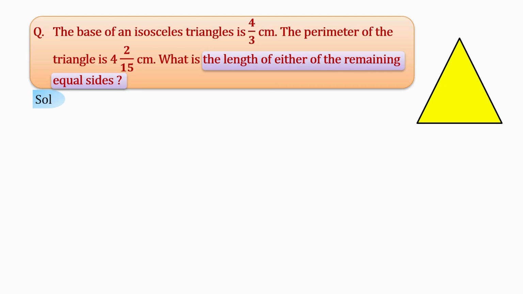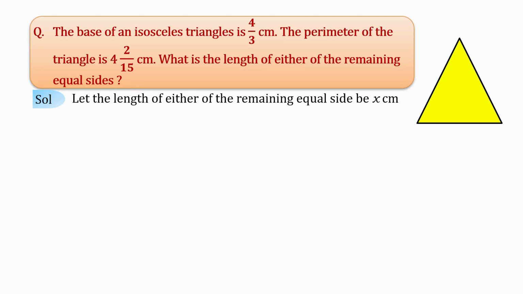Okay. So first, whatever we don't know, that we will consider as x. So let the length of either of the remaining equal sides be x centimeter. So both of these will be x. Now base is given. So base means where the triangle is standing. So that is the base.